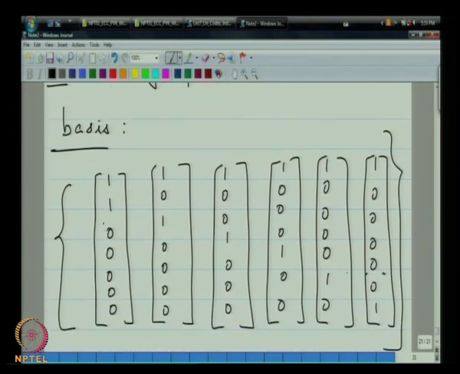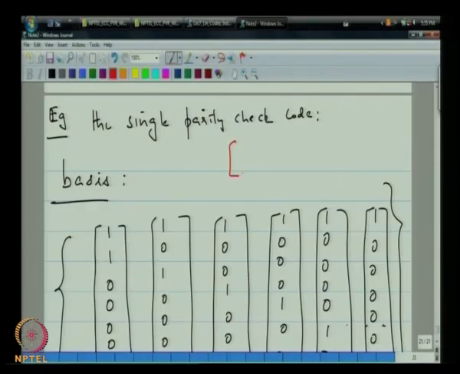This example came up earlier in connection with spanning, and I pointed out that this set spans the single parity check code, but they are obviously linearly independent. So, this is a basis. As a result, this code has parameters [7, 6], and from our earlier computations it is a [7, 6, 2] code.